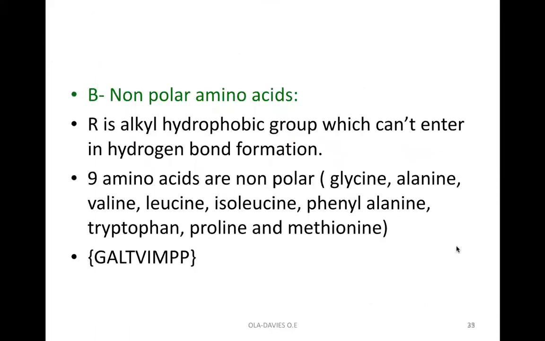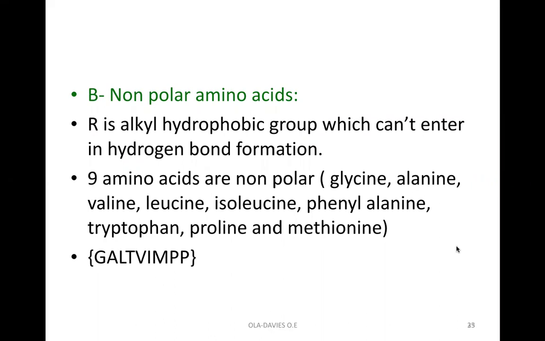So now, we said the polar, now we're talking about the non-polar. Those that are polar are basically due to the net charge, which is either positive or negative. When it is positive, we know it is basic, and when it is negative, we know it is acidic.